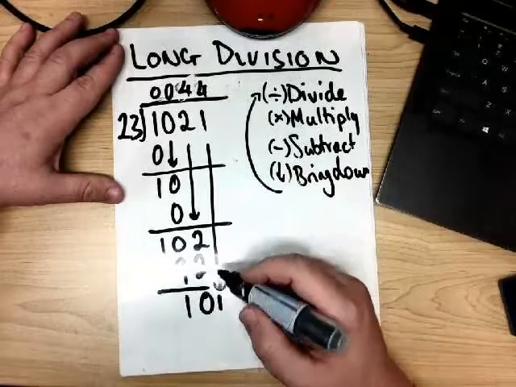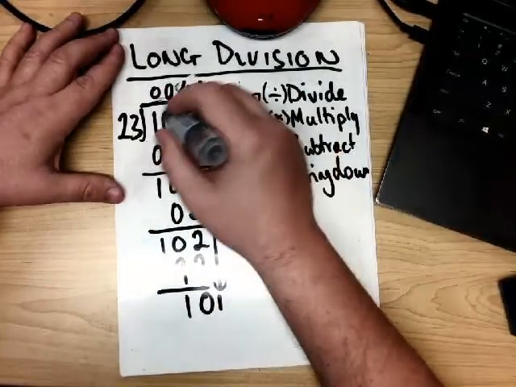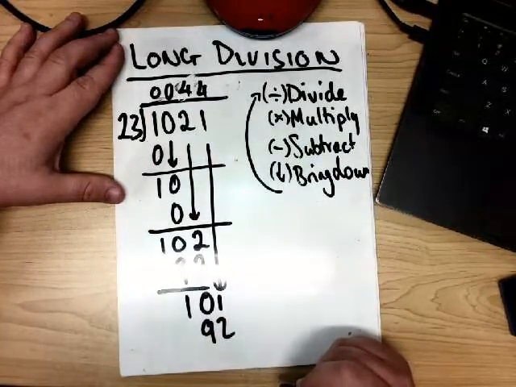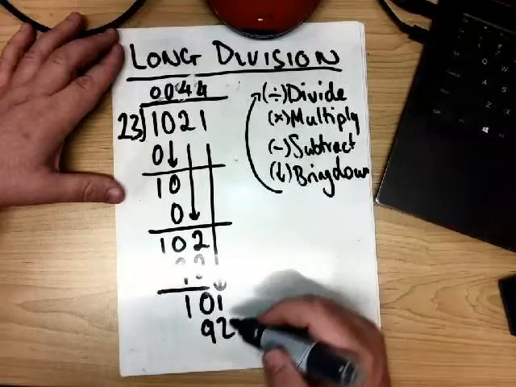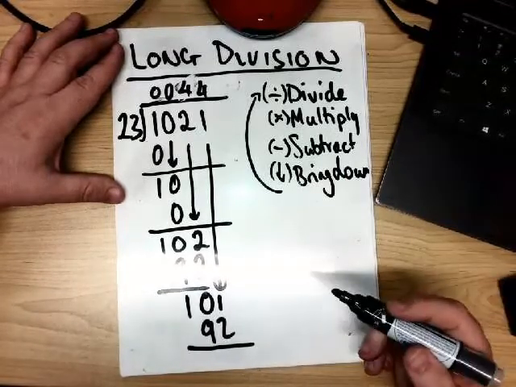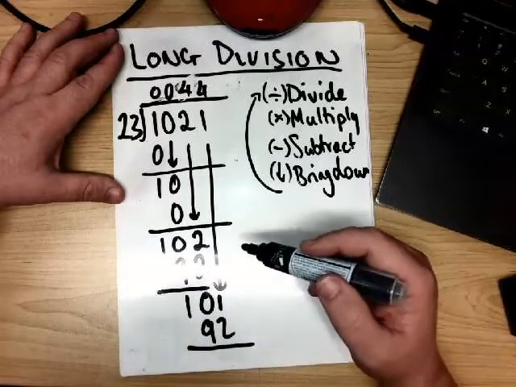Then we go 4 times 23 for our multiply. 4 times 23 is going to be 92. And that we then subtract. And our subtraction is going to be, hopefully we can fit this in here. That's going to be 9.